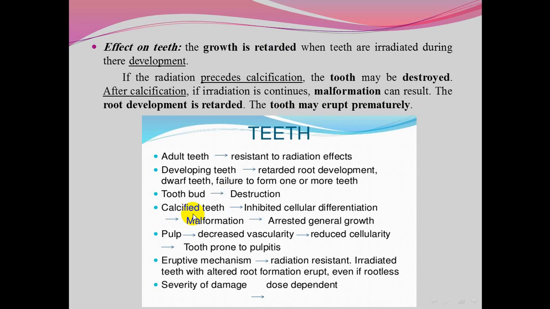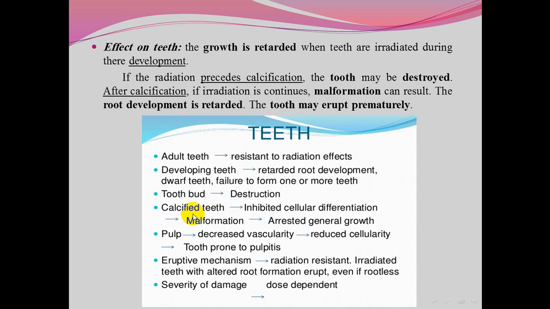In the pulp, due to the chronic effect of radiation, there will be a decrease in vascularity, and this will reduce the cellularity, and the final result may be a tooth prone to pulpitis. Okay. The eruption mechanism, what will happen to it due to chronic exposure to radiation?